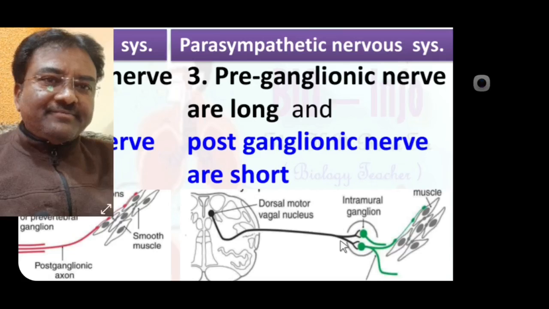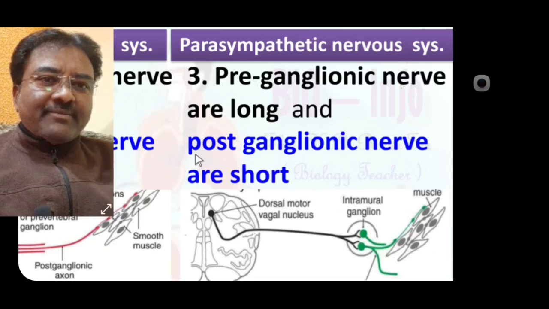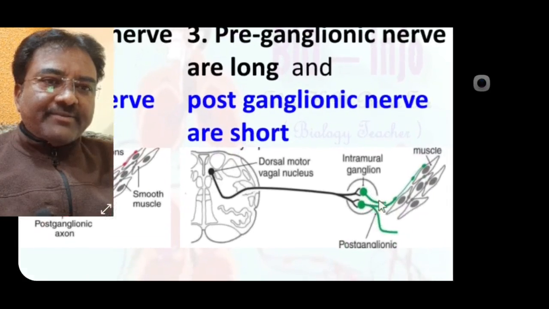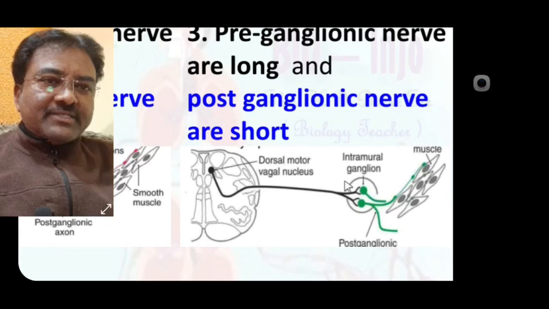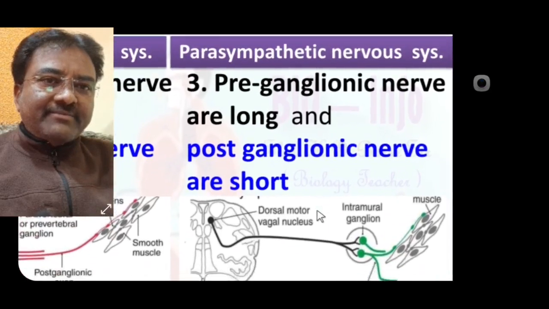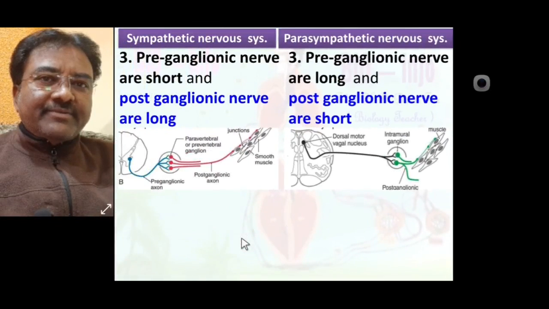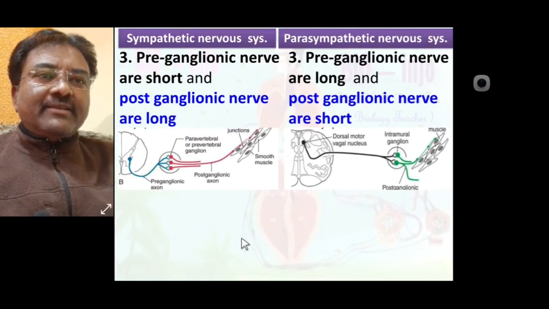The postganglionic nerve is present between the autonomous ganglion and the effector organ, and is very short. So this is the main differentiation between the sympathetic and parasympathetic nervous systems.